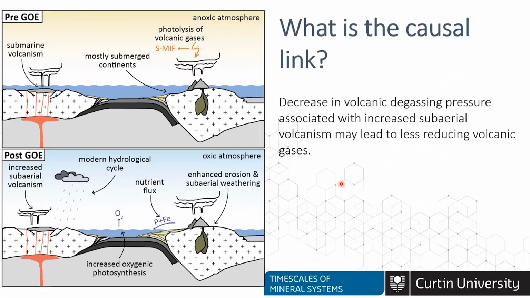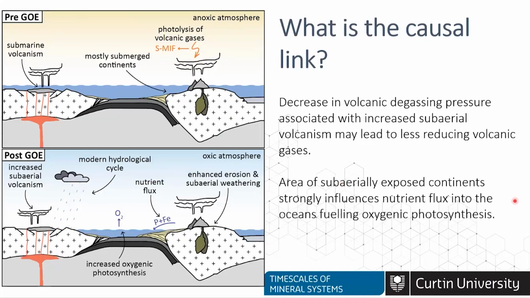What could the causal link be? So it has been suggested that a decrease in volcanic degassing pressure associated with a shift towards more subaerial volcanism would lead to the emission of less reducing volcanic gases, therefore reducing the sinks for oxygen.